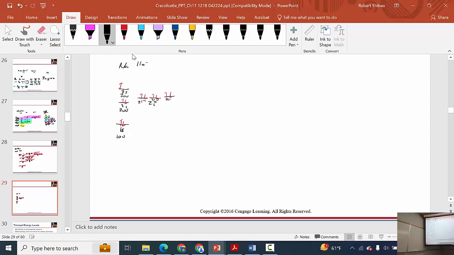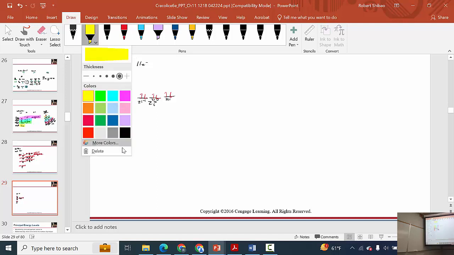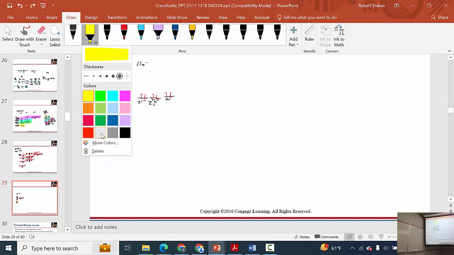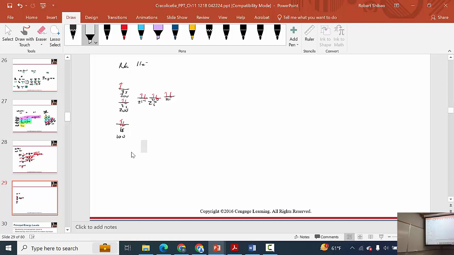So you should have gotten a diagram that looks like this. The first shell is filled. If we fill the first shell, then it's like helium. Helium has the first shell filled. Let's do this in a different color. The second shell is filled.